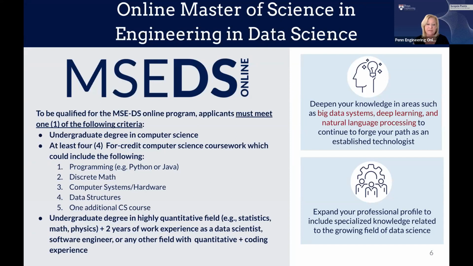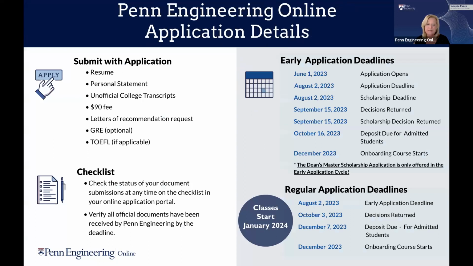I just want to spend a minute talking about our application. I'm sure many of you have started the application or you've looked at it. So I just want to point a few things out before I turn it over to our student affairs team. In order to submit the application, you need to complete your resume, a personal statement, upload your transcripts, and submit a $90 fee.